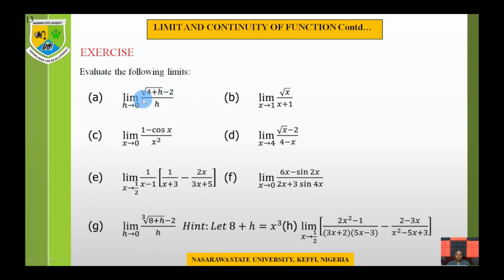A, limit as h approaches 0 of the square root of 4 minus h minus 2 all over h. B, limit of root of x all over x plus 1 as x approaches 1, and so on and so forth.